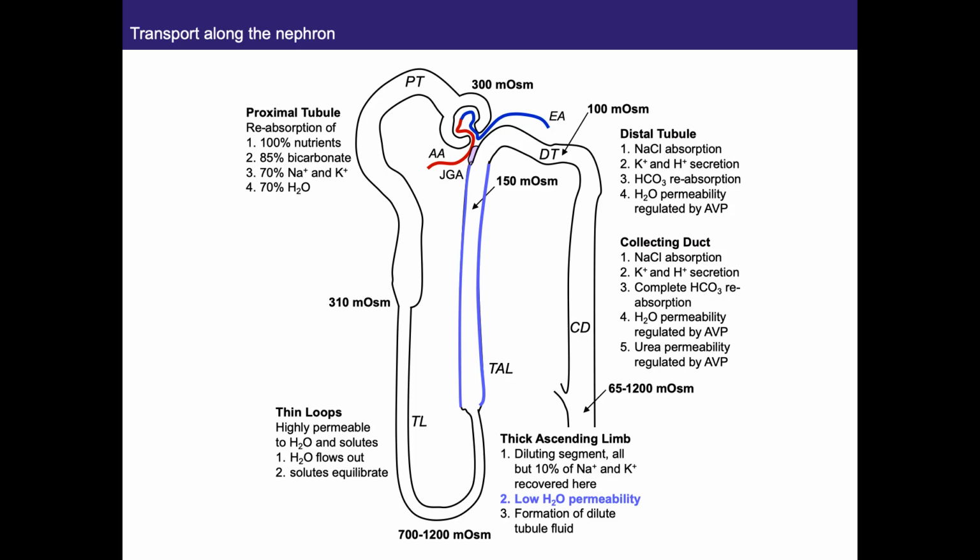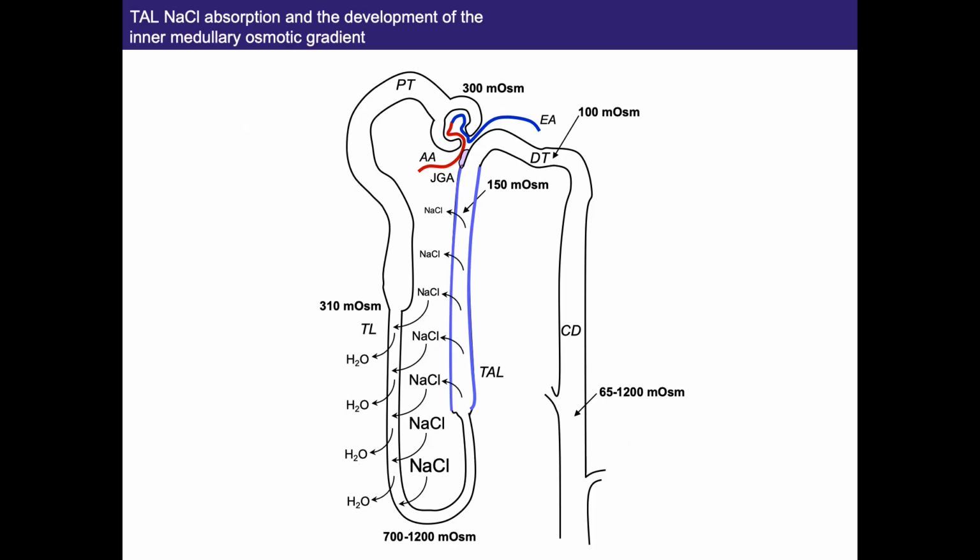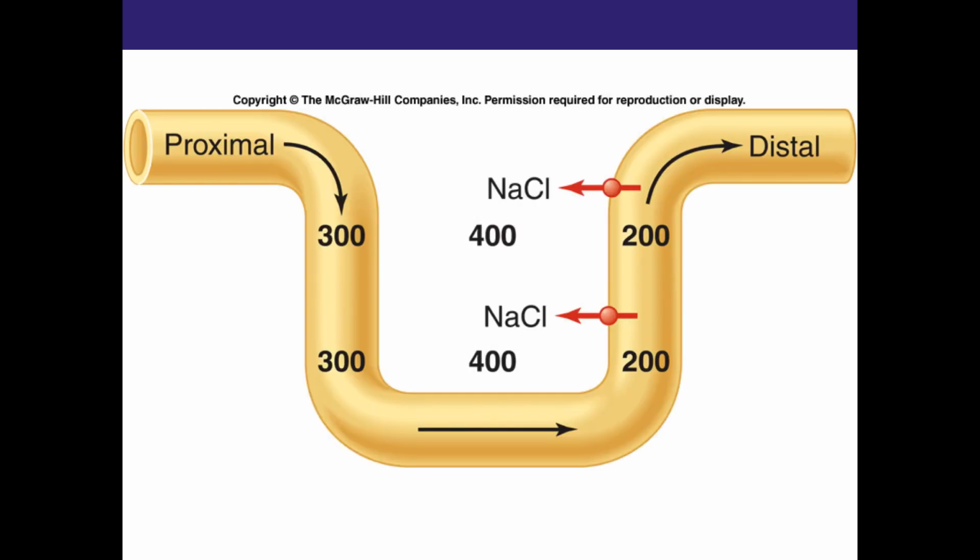All right, so this should make sense now. You can actually see how salts are reabsorbed in the thick ascending limb, but water's not allowed to follow. And it's actually reabsorbed more in the beginning of the thick ascending limb than at the top. We talked about this.